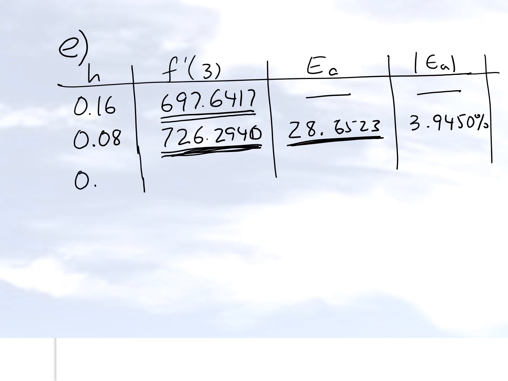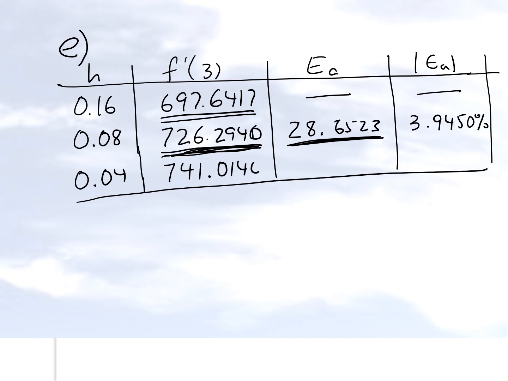And if I further decrease the step size to 0.04, the approximate value turns out to be as follows. The approximate error turns out to be this one, simply the current approximation minus the previous approximation. And the relative approximate error in this case turns out to be as follows.